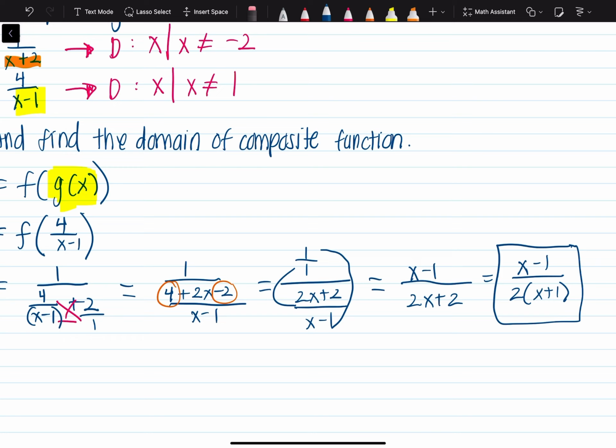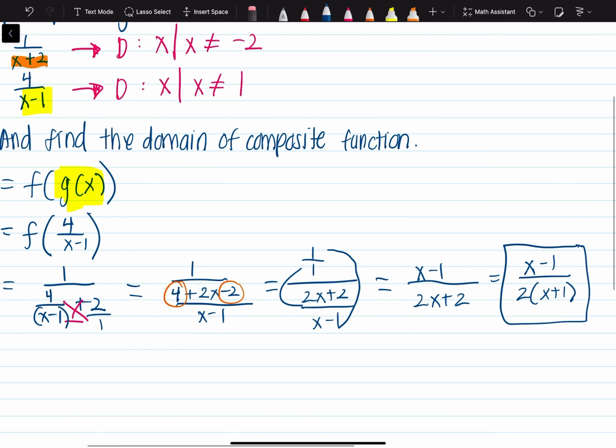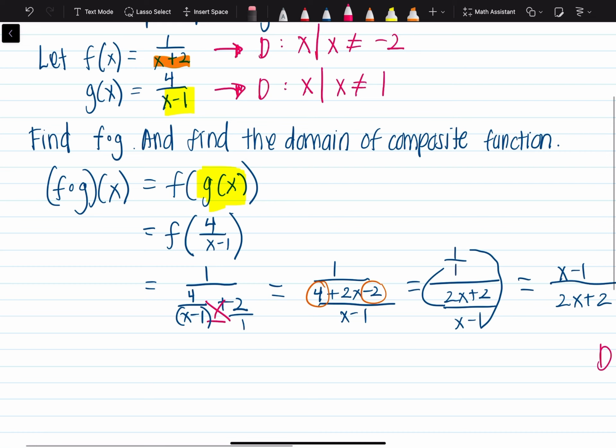So now that we have our composite function, we are asked to find the domain of it. And the way that I like to remember the domain of the composite function is, first things first, you need to exclude the values of the function that you inputted. So in this situation, I took g of x and I inputted it into f of x.